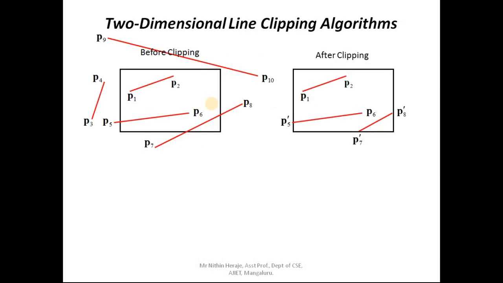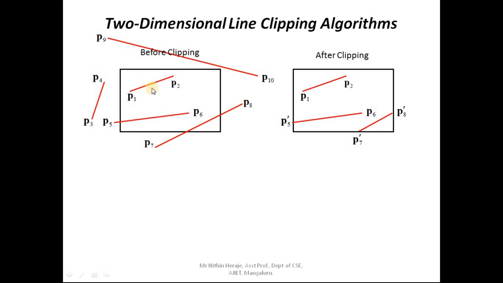Next we'll move on to the two-dimensional line clipping algorithms. You can look here, this is the clipping window. Whatever objects appear within this window can be seen, not outside it. For example, P3P4 and P9P10 are completely outside the window, so the whole line is not visible.